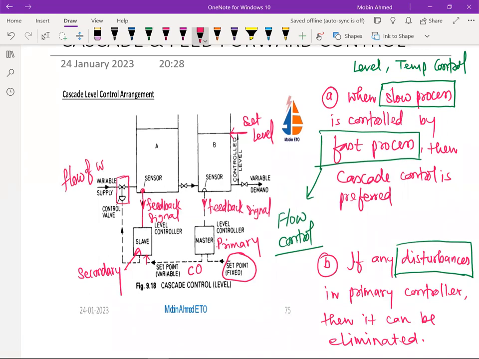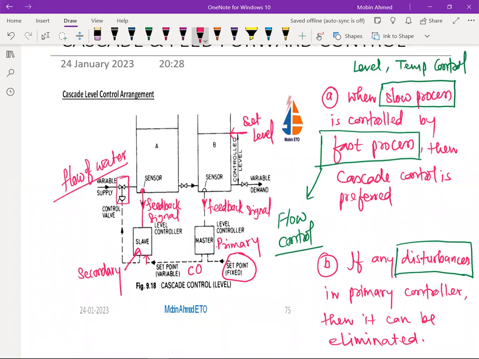So we are going to control the flow of water. So the level of this one is being always controlled. So if any sudden change is going to come, the disturbances can be also avoided. Okay.